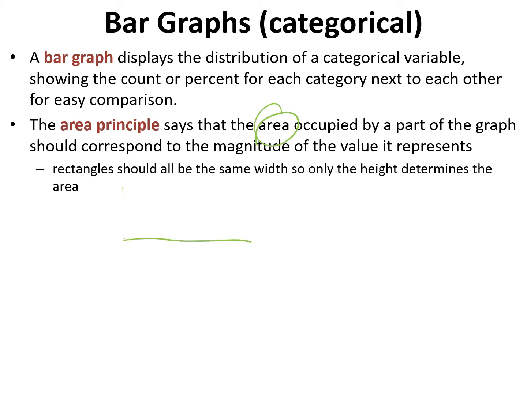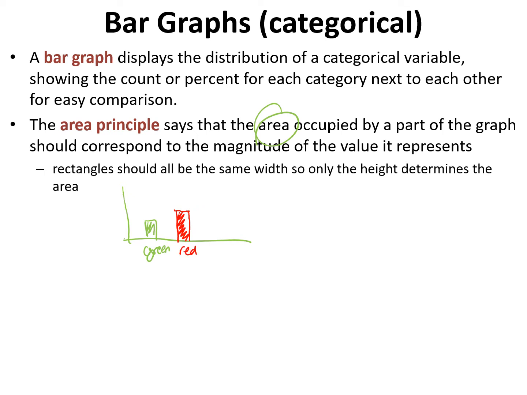For example, this would be a pretty poor bar graph if we had, what's your favorite color, and green was this bar. A good example of a bar graph would have roughly the same width for the next value.